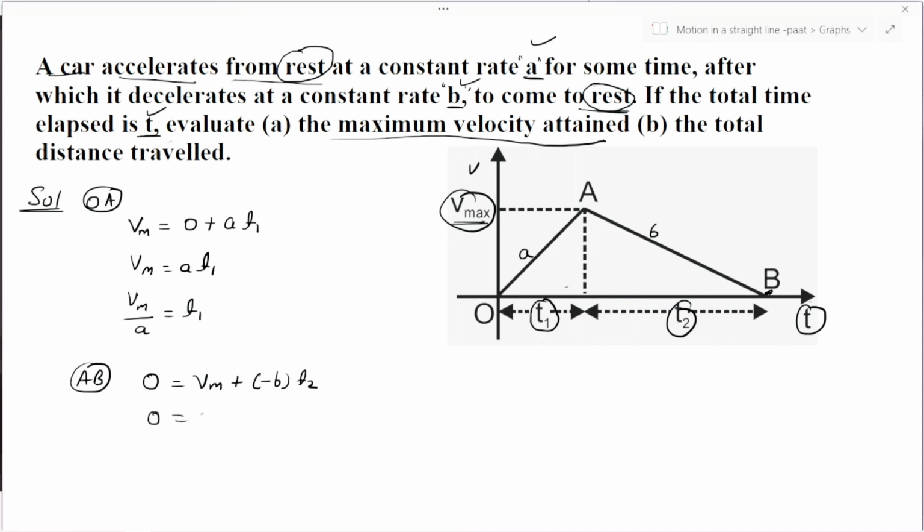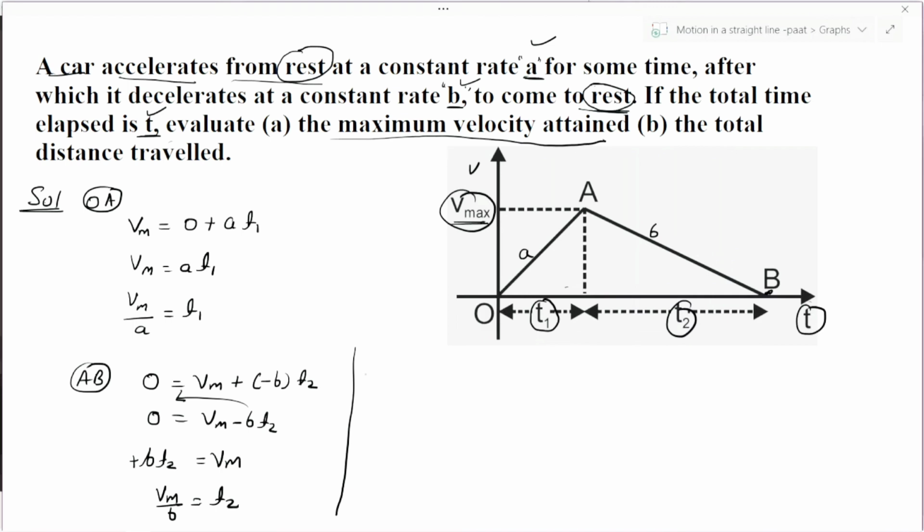So we can write 0 equals Vm minus b t2. Now we shift minus b t2 to the other side, so it will be positive: b t2 equals Vm. Now we have Vm by b equals t2. So we are getting the values for t1 and t2.